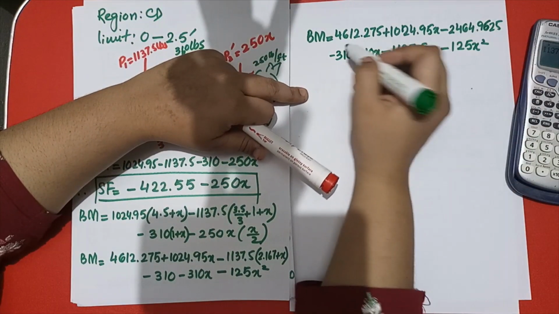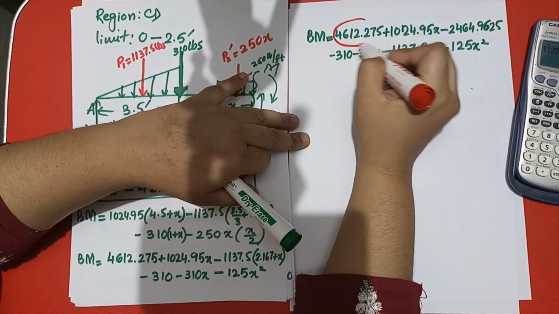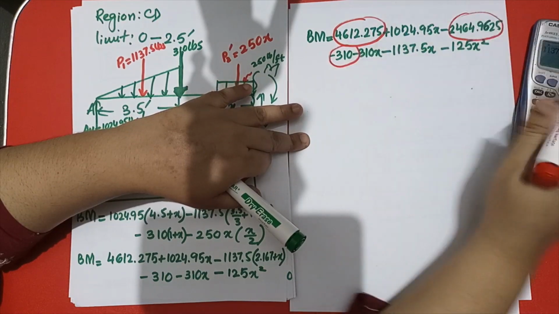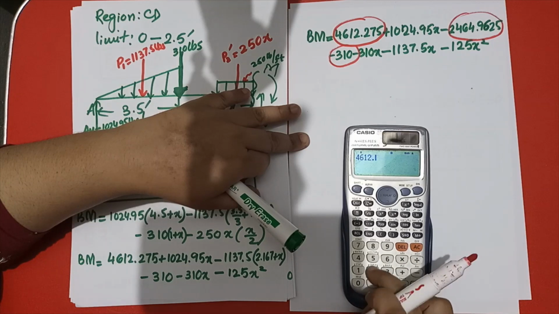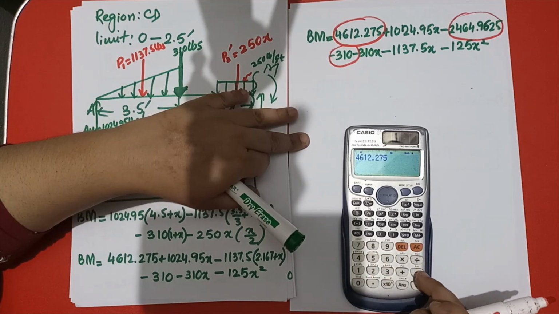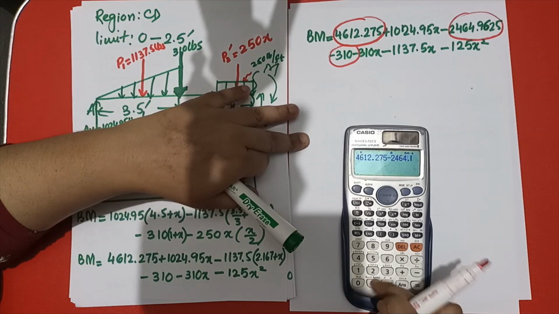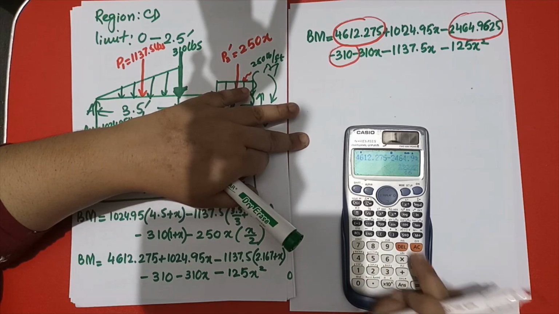So we have to add what? We have these values to add. So 4612.275 minus 2464.9625 minus 310.